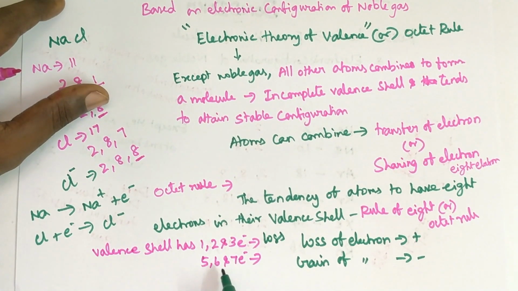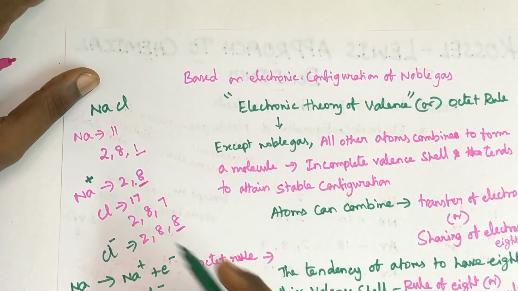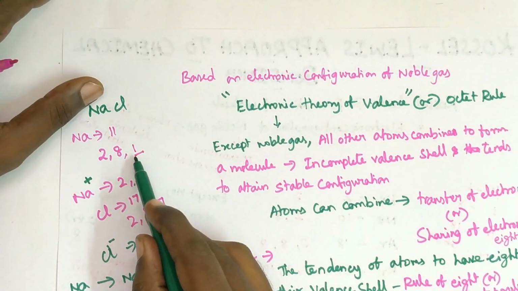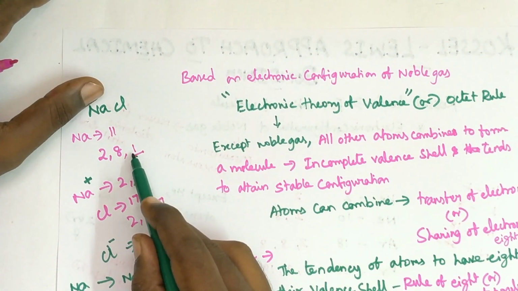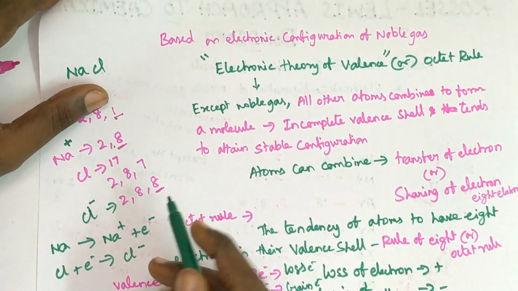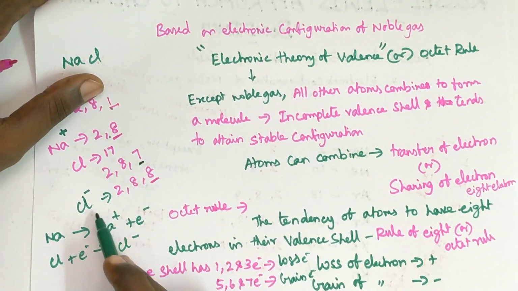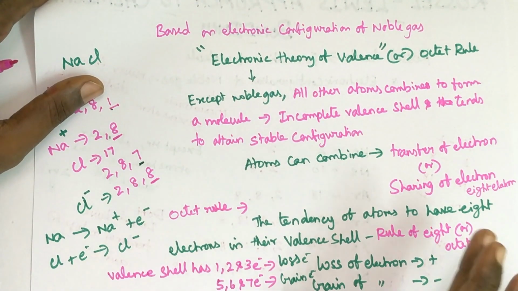If they have 5, 6 or 7, they tend to gain electrons. That's why in sodium the outermost shell has 1 electron, so it is ready to lose it and becomes Na plus. In chlorine the outermost shell has 7, so it gains 1 electron and attains a stable octet configuration.